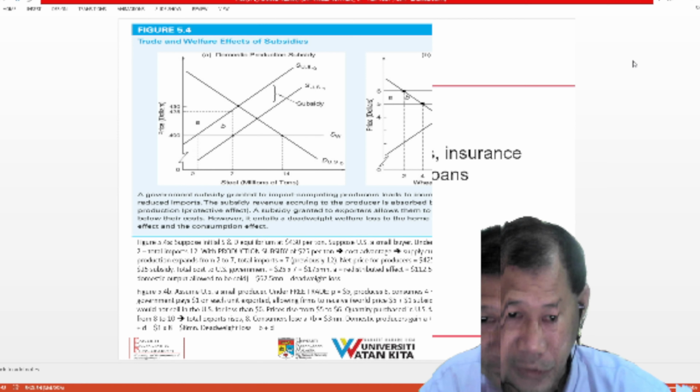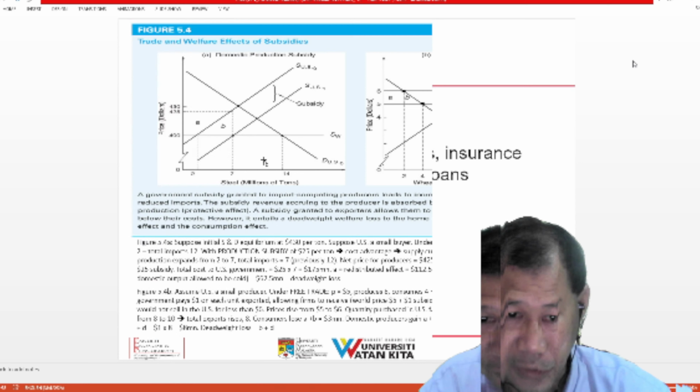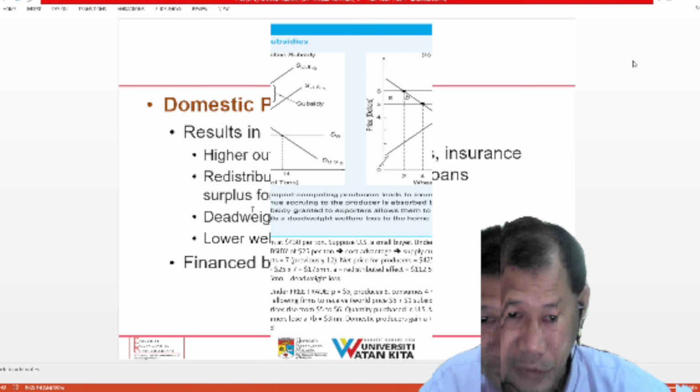Now next is export subsidy. So this is the next slide, I believe. Yeah, export subsidies. So let's go back to our bullet point here. This subsidy, we want to compare this with tariff and quota.